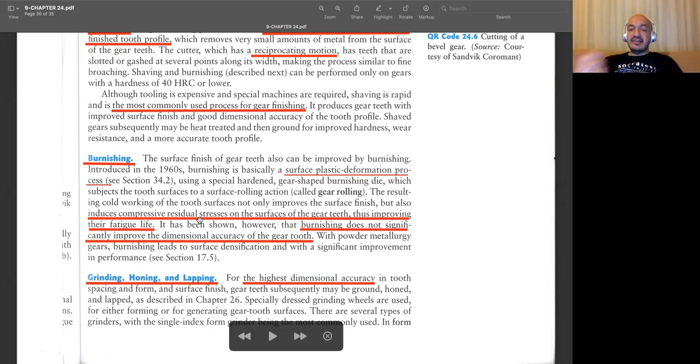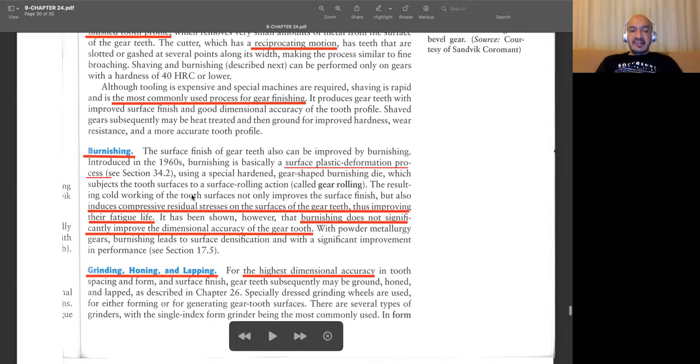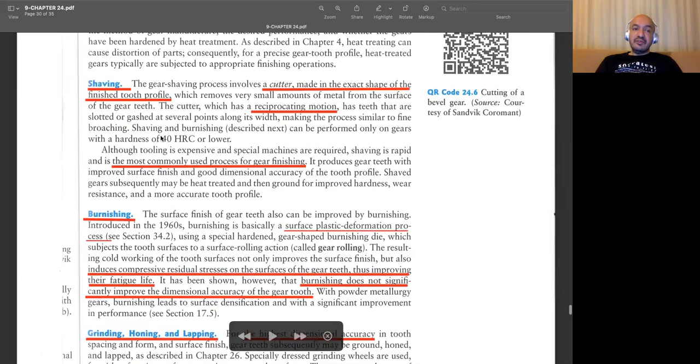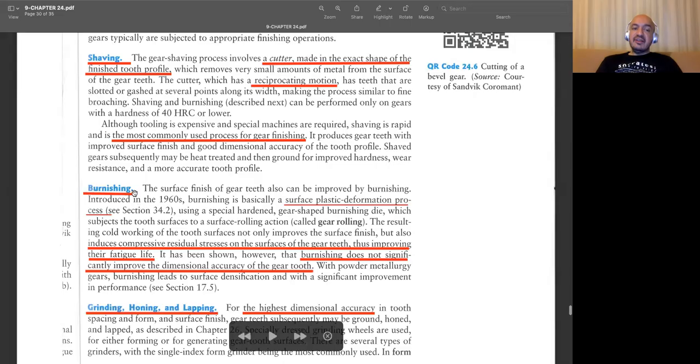The overall strength and the fatigue life of these gears actually improve. So it's useful for increasing the fatigue life of gears. But in terms of dimensional accuracy, they're not as effective as the shaving process. Its main aim is actually to increase the fatigue life.